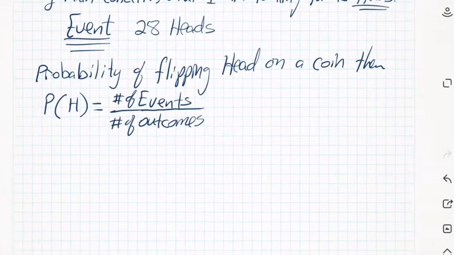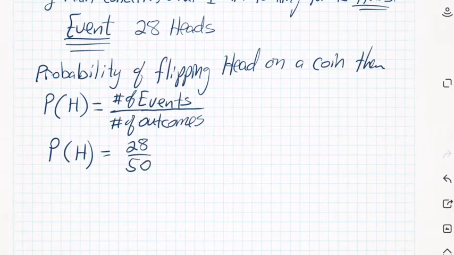So it's the number of events over the number of outcomes. So the probability of my event head is going to equal 28, because that's the number of events, out of 50, that's the number of outcomes.